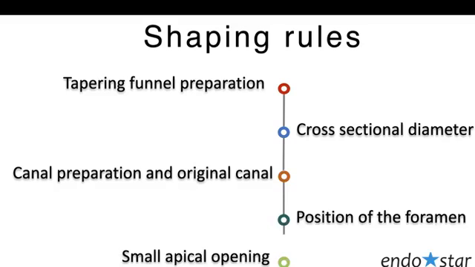Let's talk a little bit about the shaping rules. The shaping rules are extremely important. Actually, we know these rules from 40 or 50 years ago. I was not even born when these rules started. And we know them from Herbert Schilder, from a very simple article that he wrote in 1974.